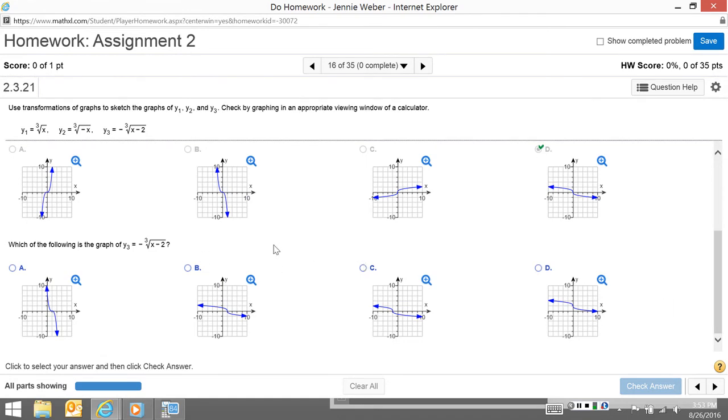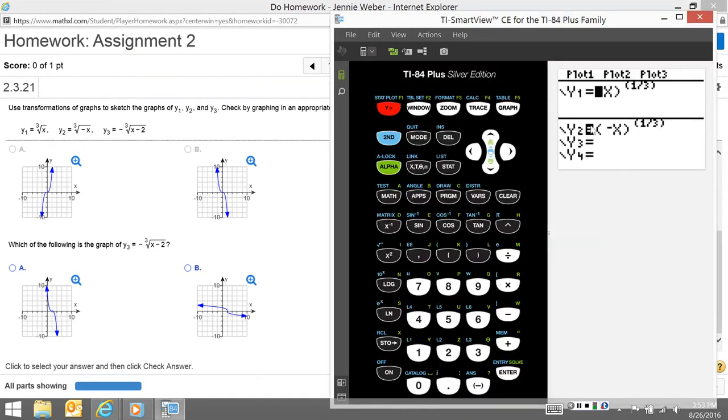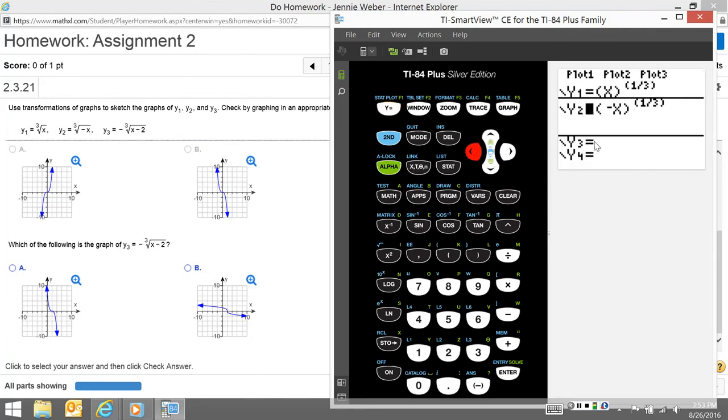Now you can see we want to do the next one. So I'm going to go back here, and again I'm going to first turn this off. I've just got my cursor on that, and I've hit enter. Then I want the negative out front, and I'm going to do 2 parentheses.